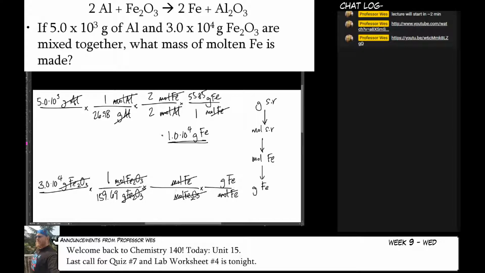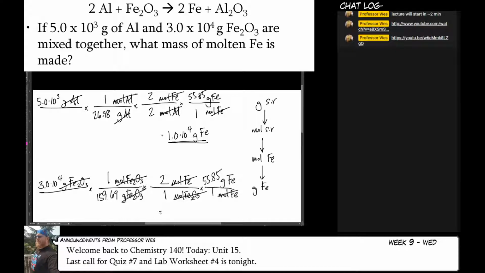The relationship between moles of rust and moles of iron is 1 to 2, according to the balanced chemical equation. And we have that many grams of iron, so we'll type it all in the calculator. So 30,000 times 1 times 2 times 55.85 over 159.69.